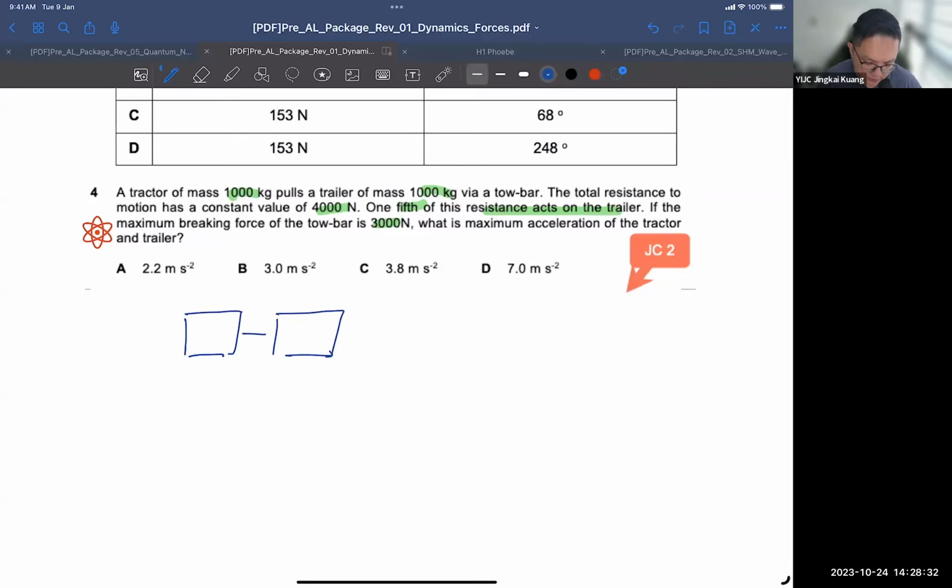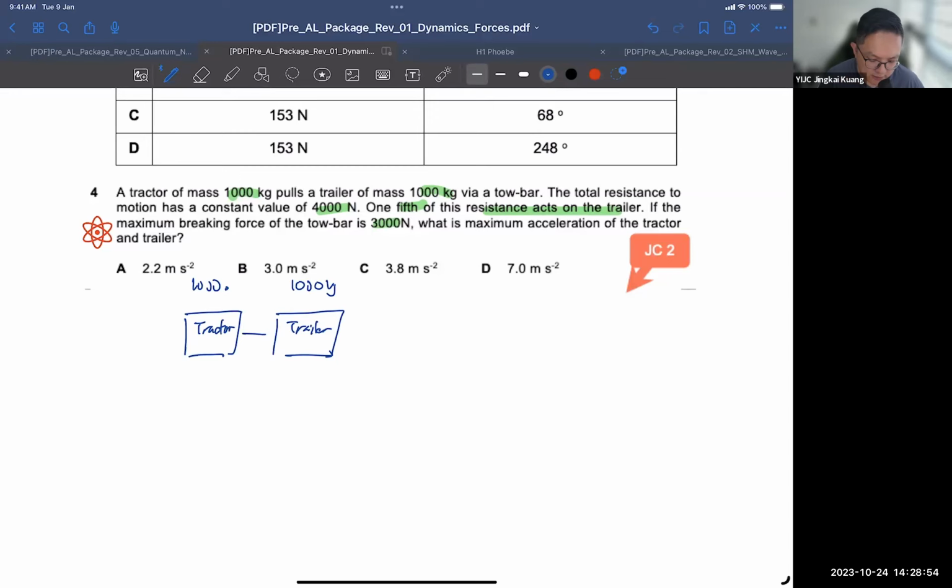So tractor and trailer. This is the tractor. Both of them have a mass of 1000 kg. Then they tell you that the total resistance to motion is a constant value of 4000, 1/5 for the trailer.